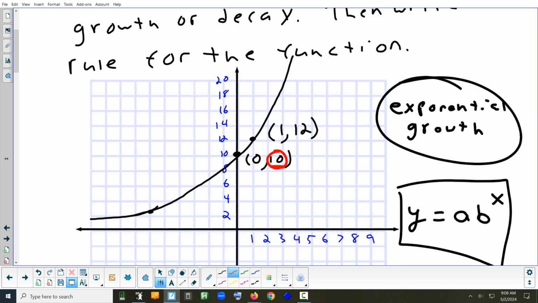Which number there is the x? First one. Which letter is the second one? Y. So in this case, x is going to be 1, y is going to be 12. We're going to fill in those 2 numbers to find B.